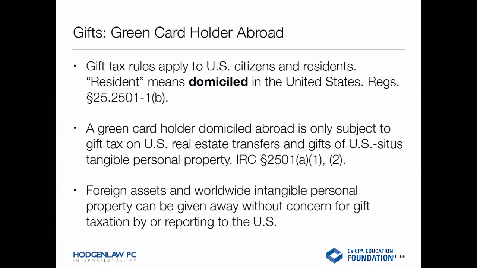So one of the strategies we've used is when we have a green card holder living abroad, we might have that person, if they have cash in the U.S., move that cash overseas before gifting it to someone, so they'll move it into their own account and then later make a gift of the cash to a family member or something like that. Or if they have other assets in the US, they might first sell those assets, then move the cash proceeds overseas, then make a gift.